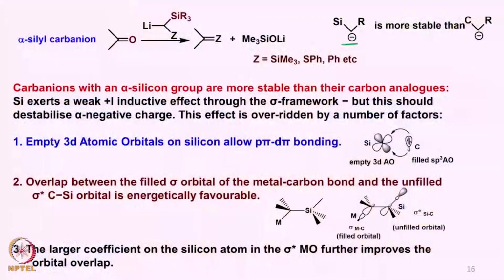Now, if you look at the stability of the carbanions, we can say that alpha silyl carbanions of this kind are more stable than the normal carbanion here. That is what we have used in the formation of the corresponding Peterson olefination type of products.